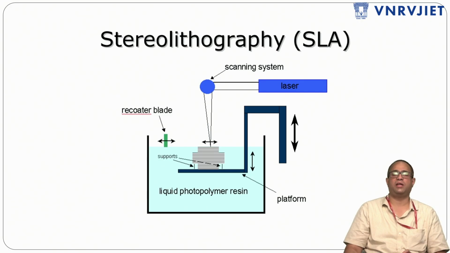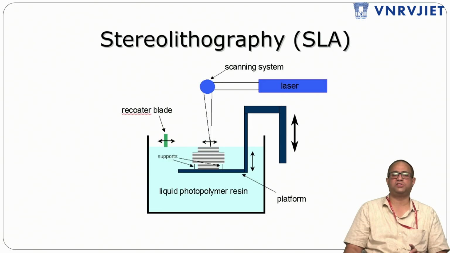Here an optical scanning system is used with a UV laser. The optical scanning system is focused on the surface of the photopolymer liquid, and as per the STL file instructions, the photopolymer liquid is cured by the UV laser.